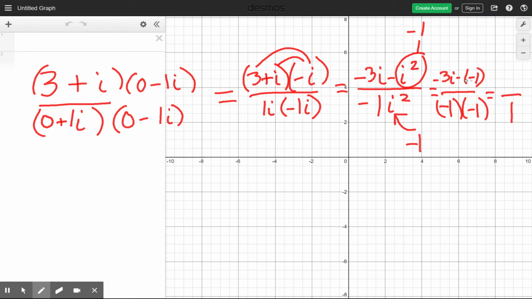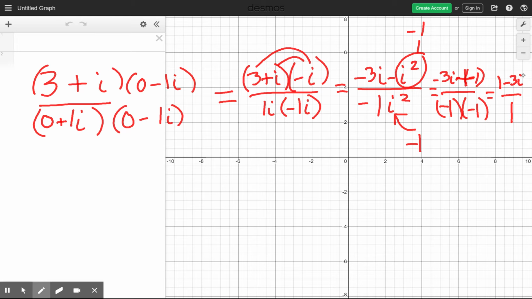But minus a negative 1 is actually plus 1. And so we're left with negative 3i plus 1, but it's customary to write your complex numbers with the real part first. So I'm going to write this as 1 - 3i.